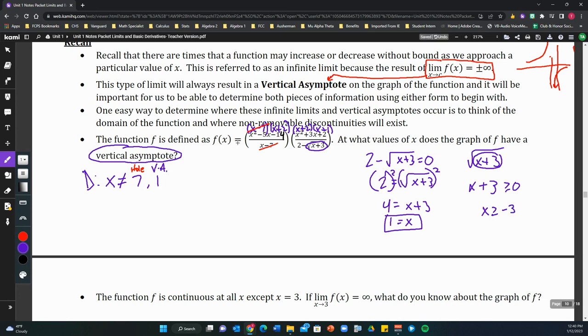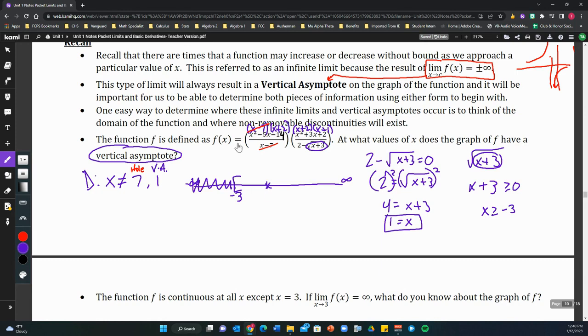negative 3. So if we were to take a look at the real number line, or the x-axis, from negative infinity to infinity, we would first be restricting this to all values greater than or equal to negative 3. So all of these are gone. But then at positive 1, that would be the first other restriction.